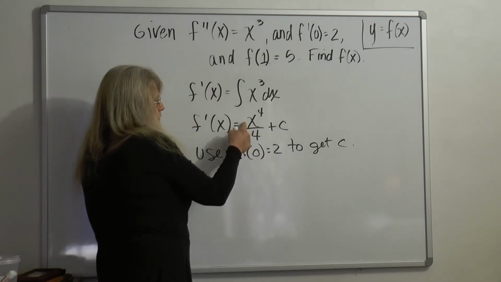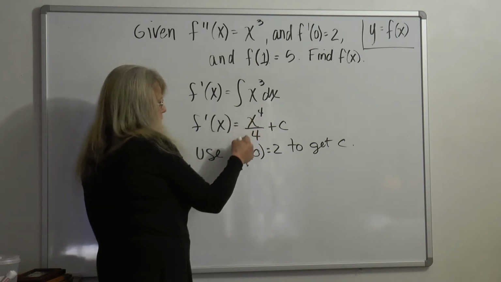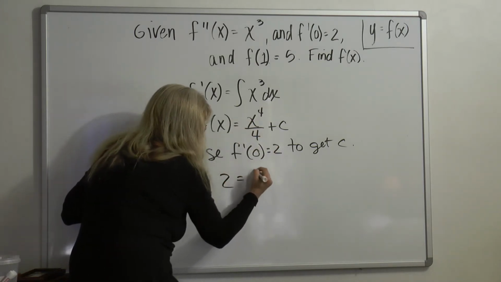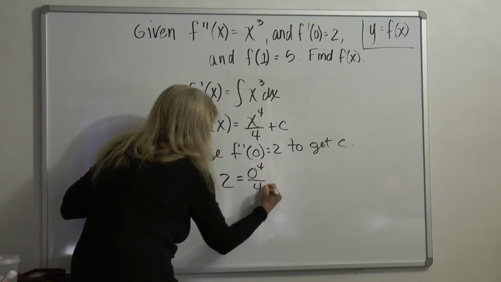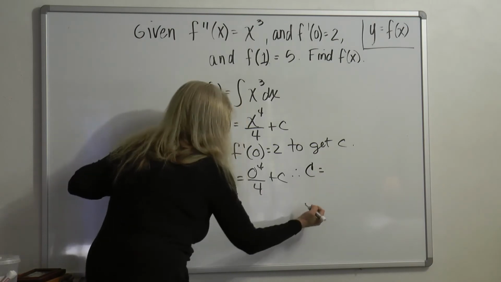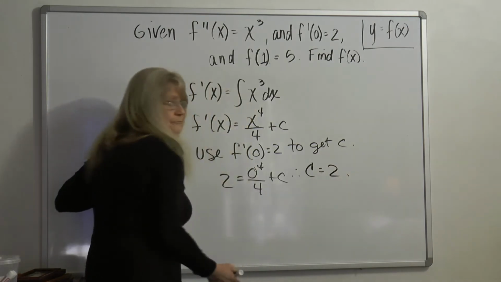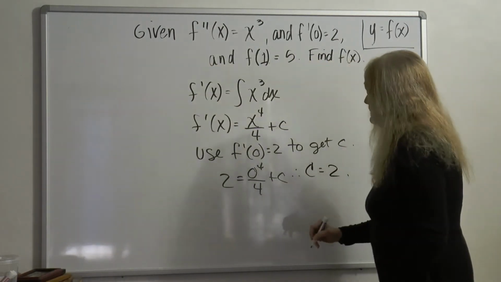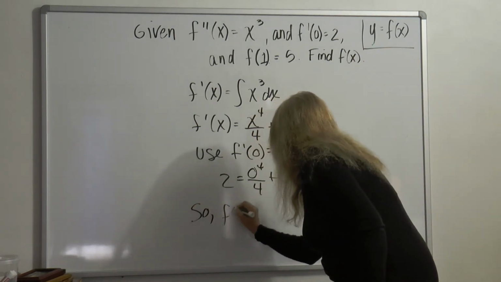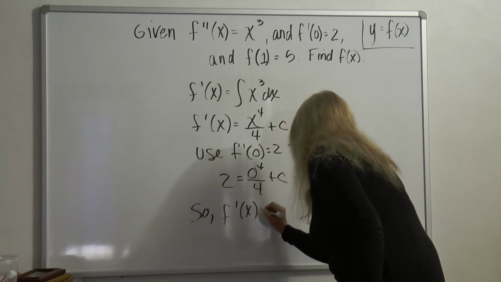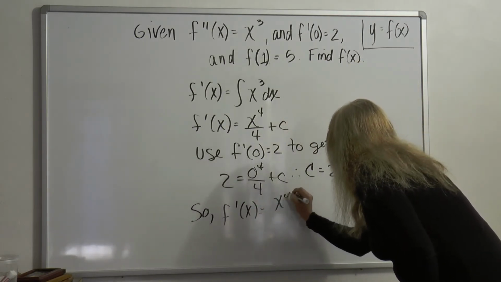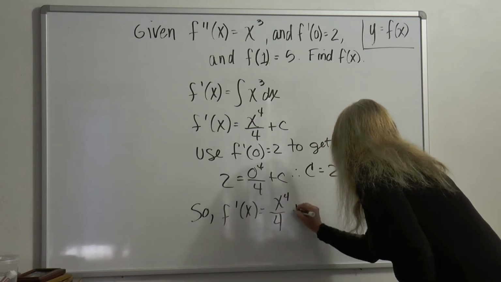So if I put a 0 in here, 0 to the fourth over 4 is just 0, so I have 2 equals 0 to the fourth over 4 plus c. Therefore, c is equal to 2. So that tells me that f prime of x is x to the fourth over 4 plus 2.